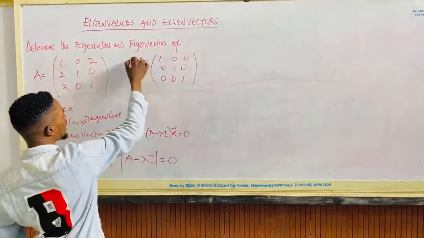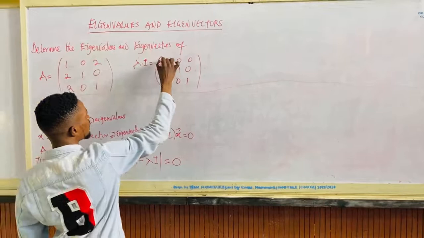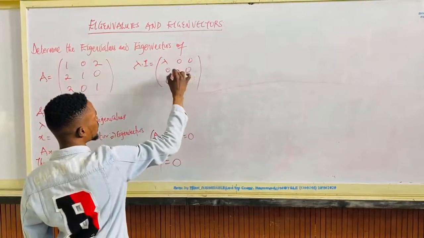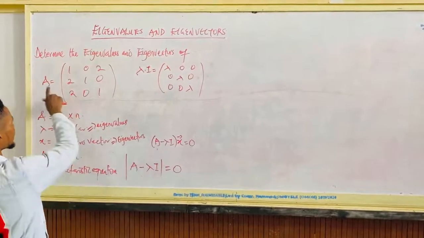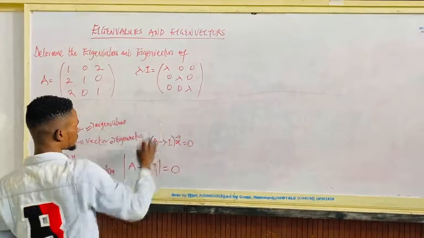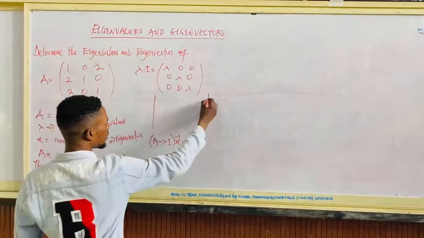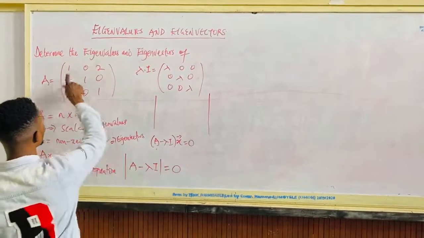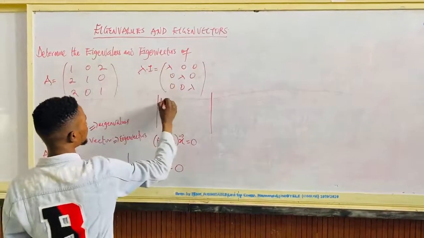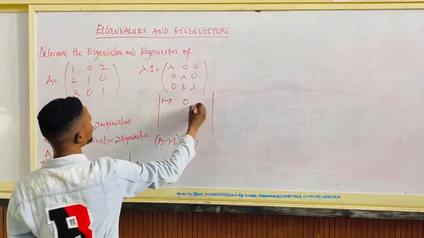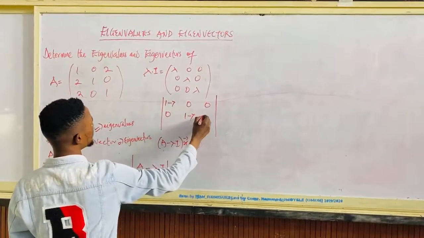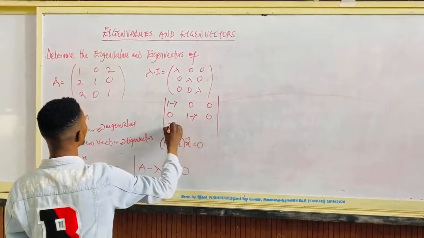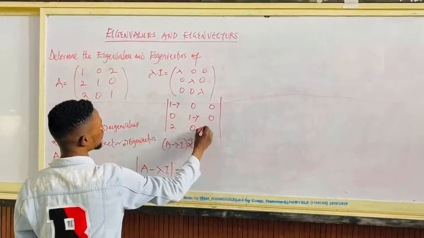So when I say lambda I, that means this becomes lambda, and this becomes lambda. So A minus lambda I gives the determinant of A minus lambda I. That's 1 minus lambda, 0 minus 0, 2 minus 0, 2 minus 0, 1 minus lambda, 0 minus 0, 2 minus 0, 0 minus 0, 1 minus lambda.